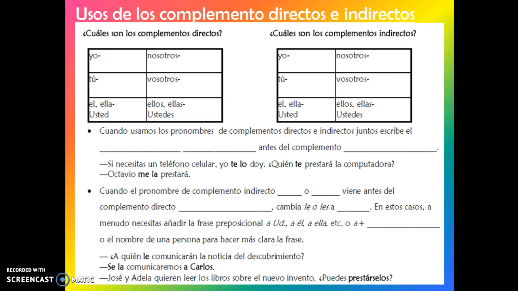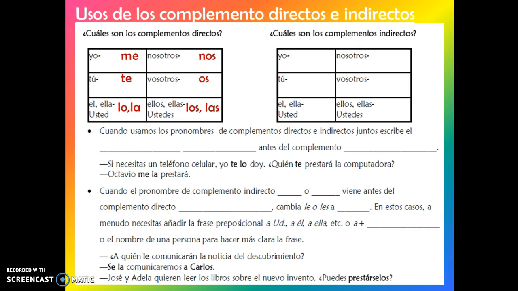We've learned what direct objects are, complementos directos, and we've also learned what complementos indirectos are, which are indirect objects. We've used them separately, but we've never used them together. So let's just review. Direct object pronouns answer the question, what or who? What does that mean?